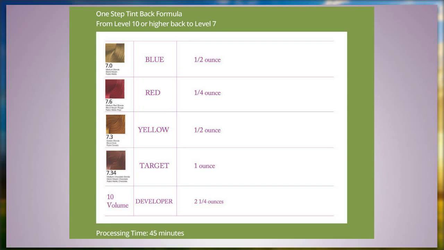So your formula has to have a little bit of red, a little bit of blue, and a little bit of yellow in it, because that's going to help to make the brown that's going to act as a base for your color. And then you want to pick a target shade that is going to be good for your client, or exactly what kind of shade you're trying to get to. But we want to do it in one step.